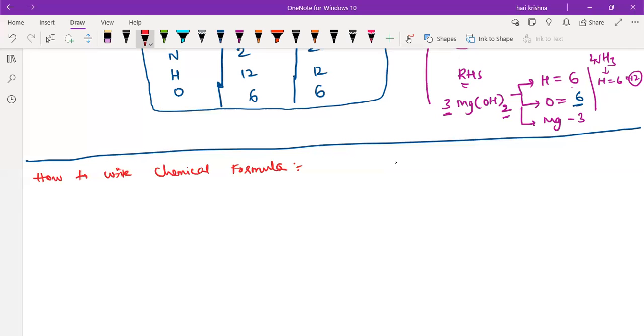Group means... so 13 groups and 7 periods. No, 18 groups are there in the periodic table total. Oh, okay, sir. Total 18 groups are there and the 7 periods are there.